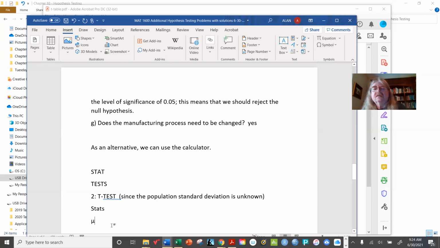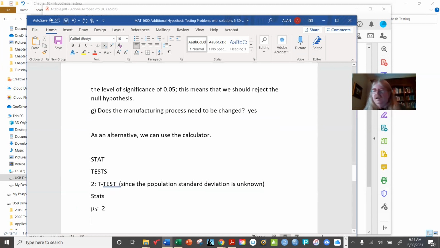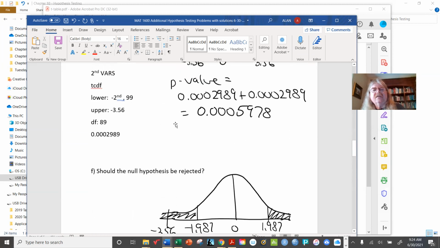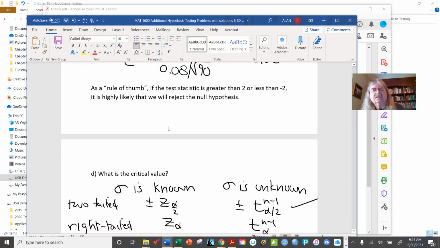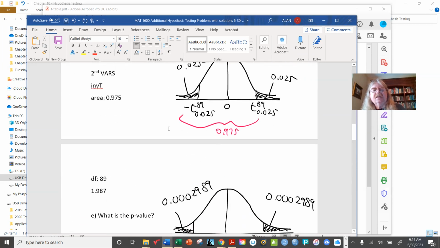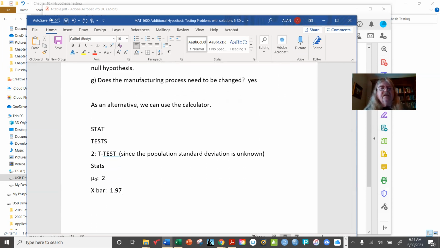Which in this case is 2. They're asking you for x bar, the sample mean, which, remember, was 1.97, way back here somewhere. Yep, 1.97. And then it asks for the sample standard deviation, which in this calculator is written as Sx.